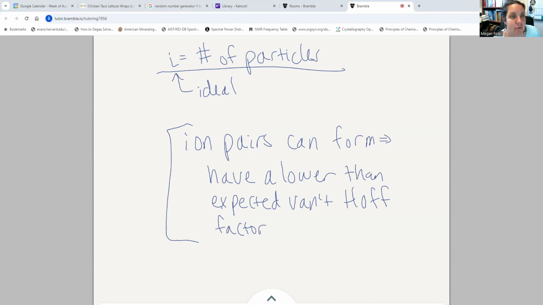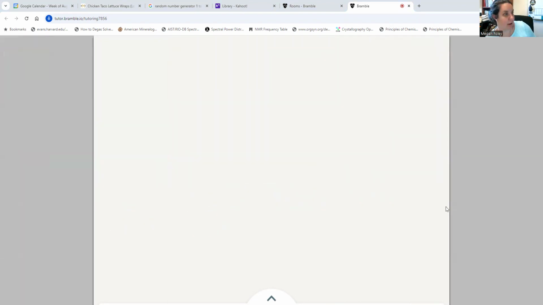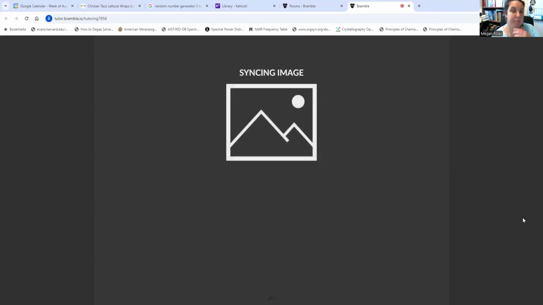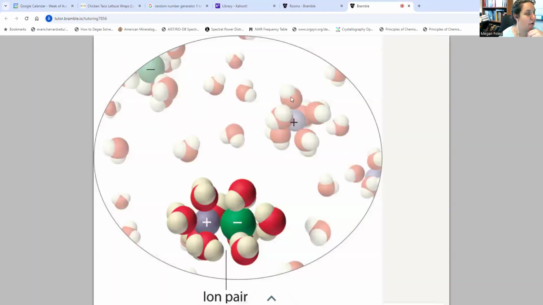Again, let me just show you an image of what I'm talking about. That's what I mean by an ion pair. Some of the ions are individual ions, so they would be treated like an individual particle, and then some of the ions will be together.